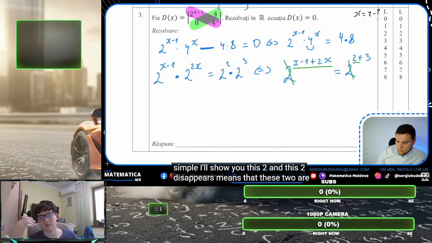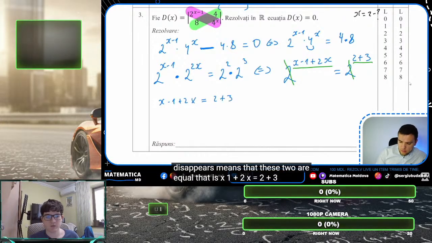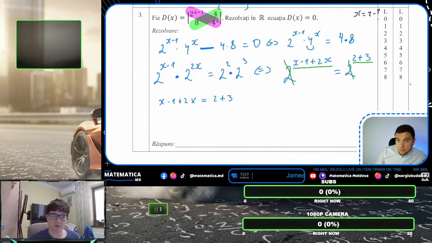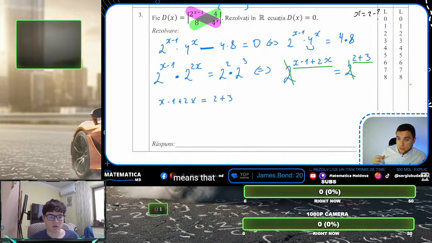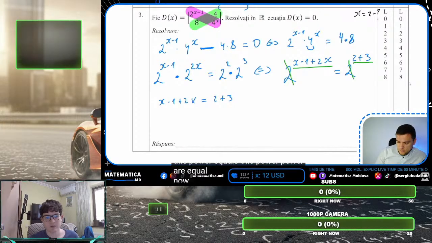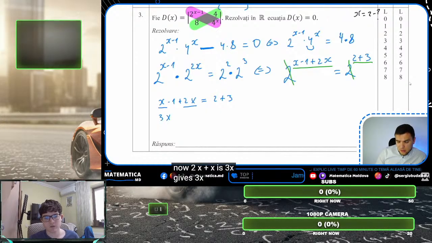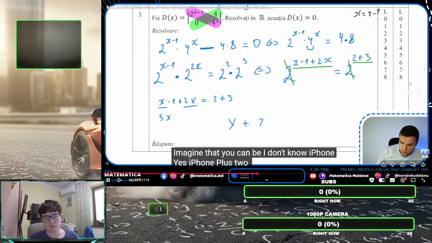Also, you can just simplify like that, and so you'll get this. I don't really love this, but he's explaining here, so we'll be fine. So minus 1 goes plus 1 over to the left, so we'll have x plus 2x, which is 3x, and 3x equals 6. So x is going to be 6 divided by 3, so it's going to be 2.